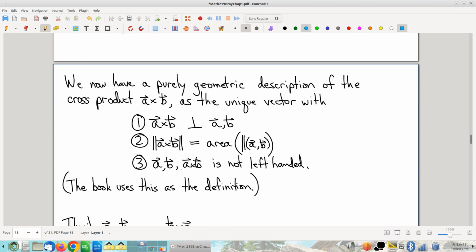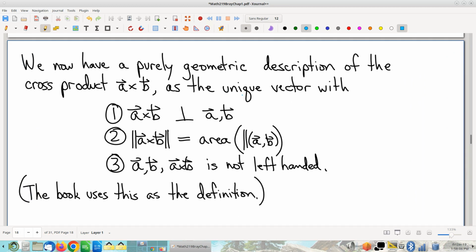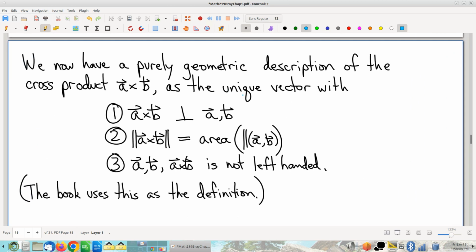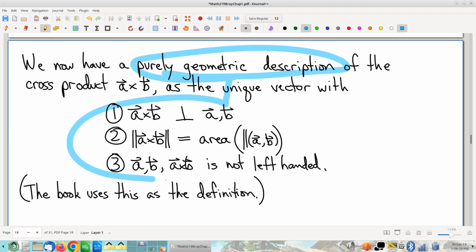I've already spent some time talking about how there are different ways to move through all of the points that we need to hit on this topic, like the traveling salesman problem. This is what I'm going to call a geometric description of the cross product. The cross product is always the unique vector that satisfies these three rules.